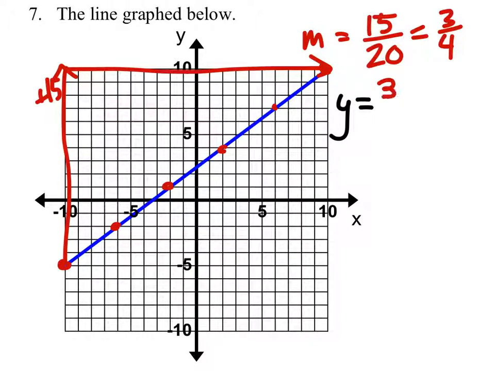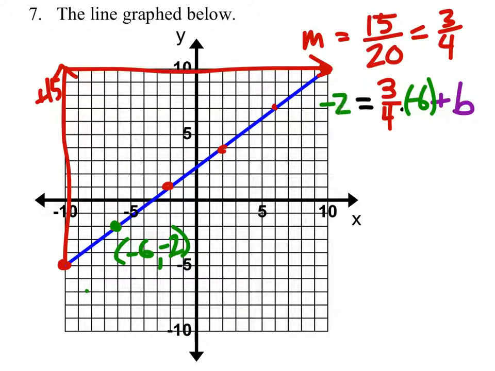Now we use slope-intercept form to solve this. y equals 3/4 times the x value plus the y-intercept. We have several points right here, and we only need to choose one of them to use. Let's choose this one, I guess. Doesn't matter. This is (-6, -2). So I'll replace my x with -6 and my y value with -2. Solving this, 3/4 times -6 would be -9/2, plus b, equals -2.